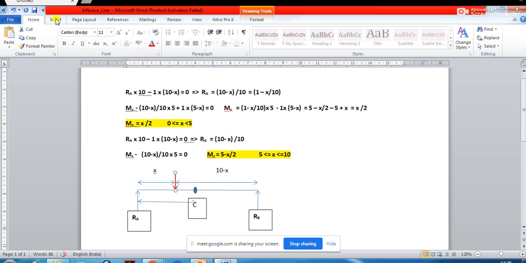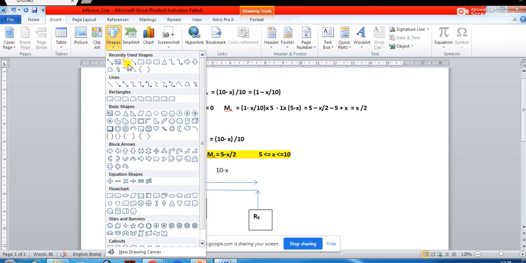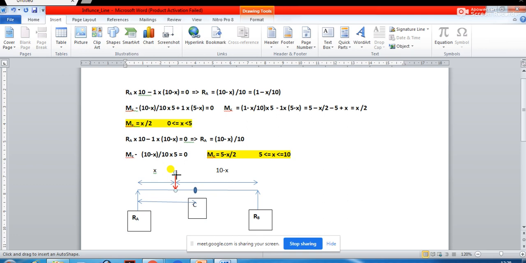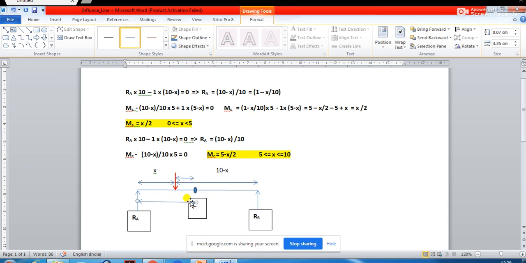So see, from here to here the distance is 5, and from here to here the distance is x. So this distance is going to be 5 minus x. This red colored load is basically the unit load, so this is going to be 1 into 5 minus x.